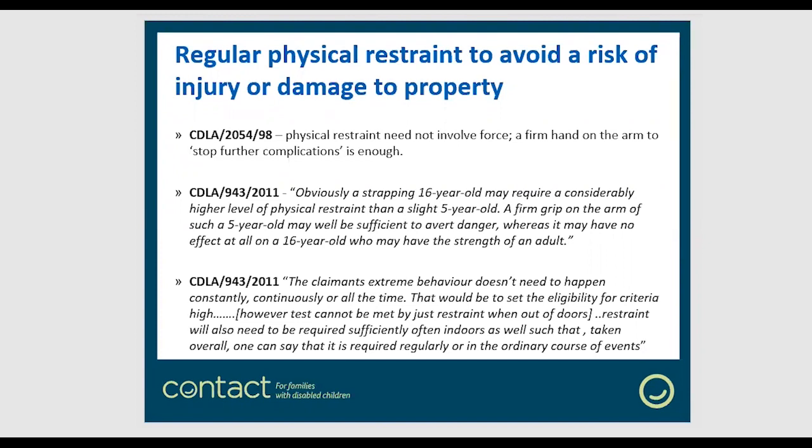How different decision makers interpret that is obviously difficult to predict. But if you can convince a tribunal or a decision maker that overall, in the regular course of your child's life, they require physical restraint, particularly when outdoors, then that's something that should put them in the grounds where they potentially meet this test.